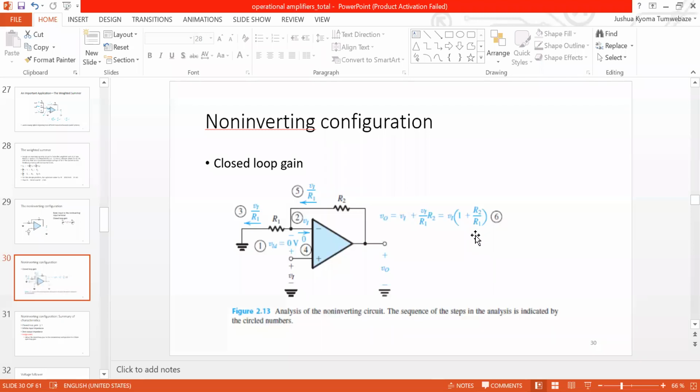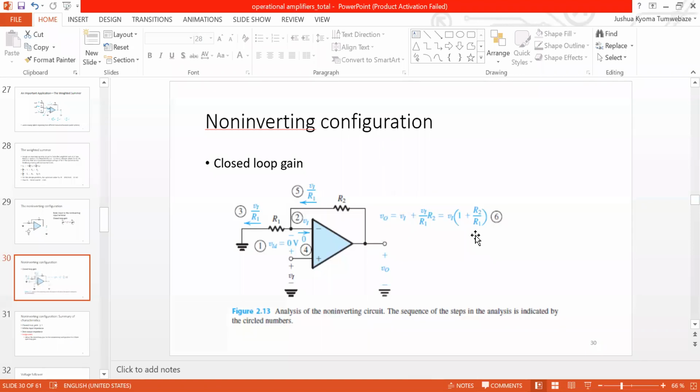What do we notice? Again, our gain is determined by the values of passive components R2 and R1.